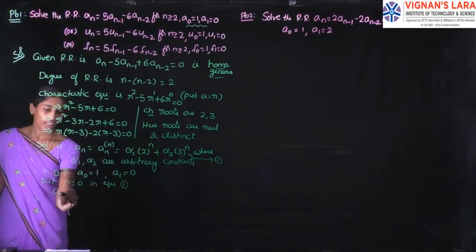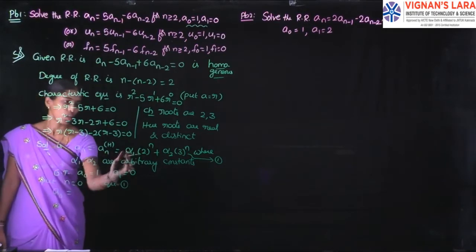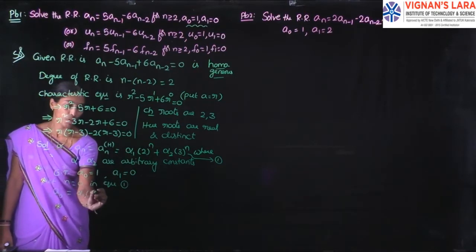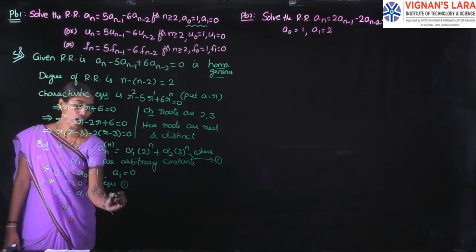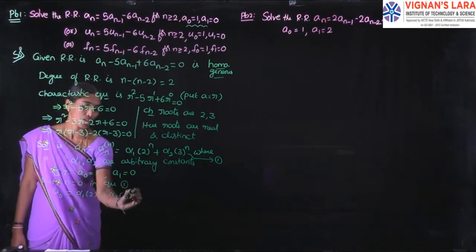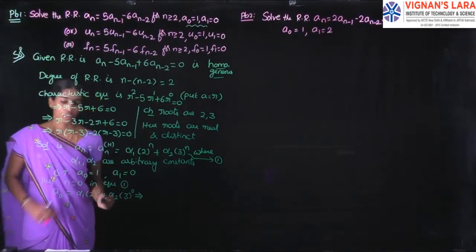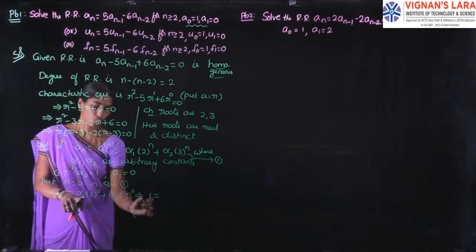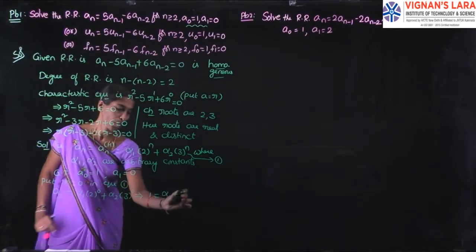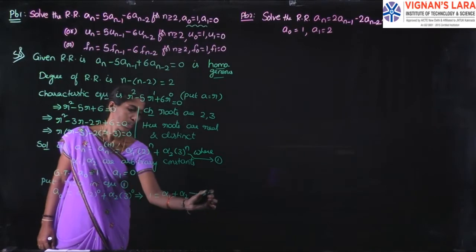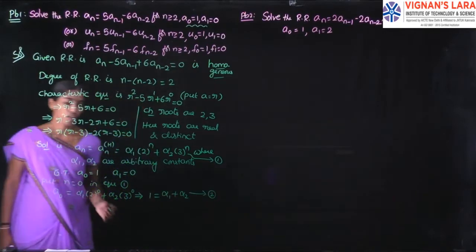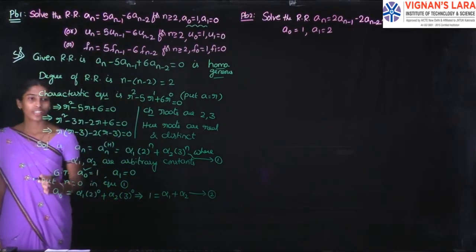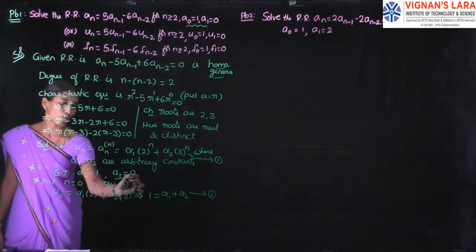So we get a0 is equal to alpha 1 2 power 0 plus alpha 2 3 power 0. So what is a0 value, which is given 1, is equal to alpha 1 plus alpha 2. It is equation 2.